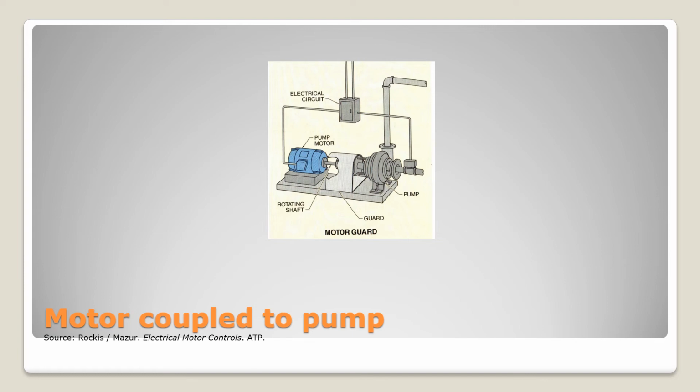And it too is connected with conduit to a panel, and both of those are going off to some system. Most likely the power side is going off to a motor starter somewhere, and the signal from the transmitter would be going to a control device somewhere. But this is the beginning of a motor coupled to a pump.